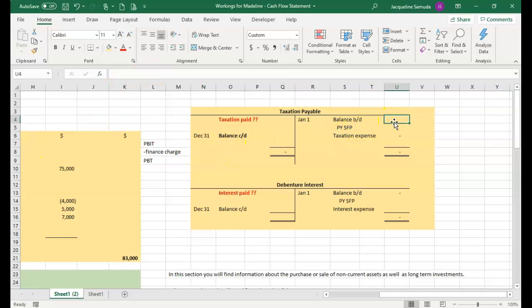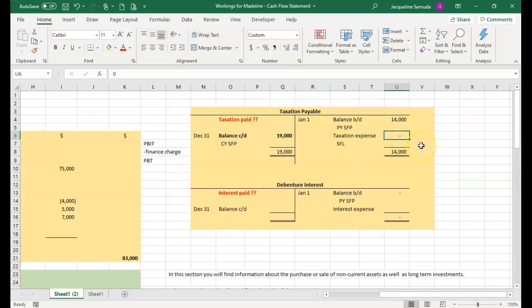So the taxation payable was $14,000. And at the end of the year, when we go to the current year's statement of financial position, we found that they still owed $19,000. Now, where would the taxation expense come from? It would come from the statement of profit or loss.